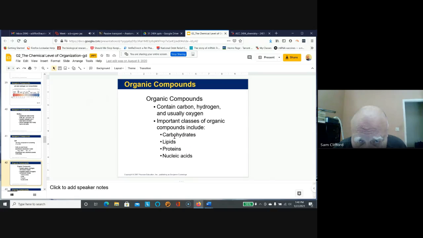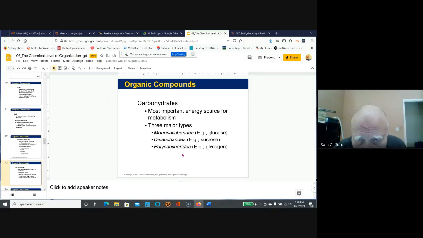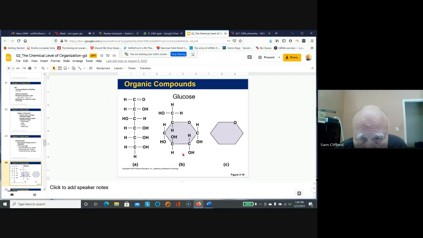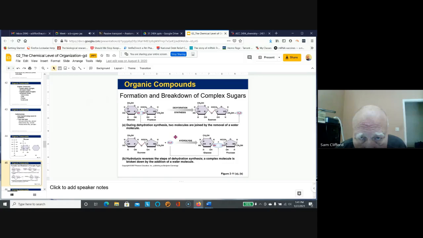You should know about carbohydrates, lipids, proteins, and nucleic acids. And we've been through this. Any questions? Glucose is often represented as a hexagon with an oxygen in a six-sided image. So glucose is composed of carbon, hydrogen, and oxygen, so it's an organic compound. Make sure you know about dehydration synthesis.